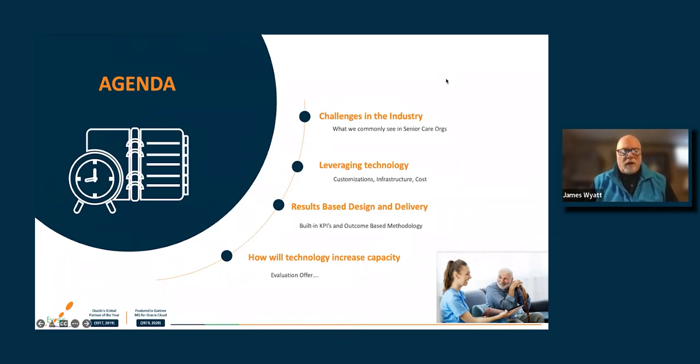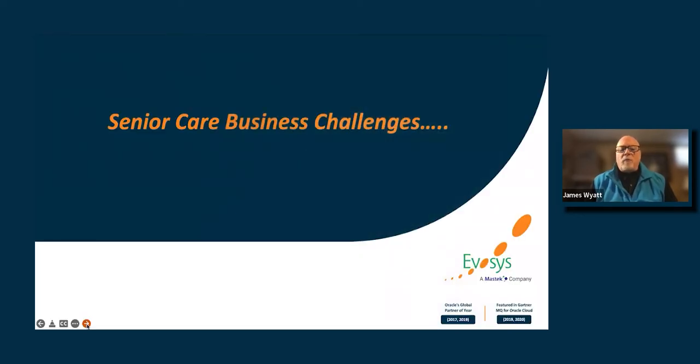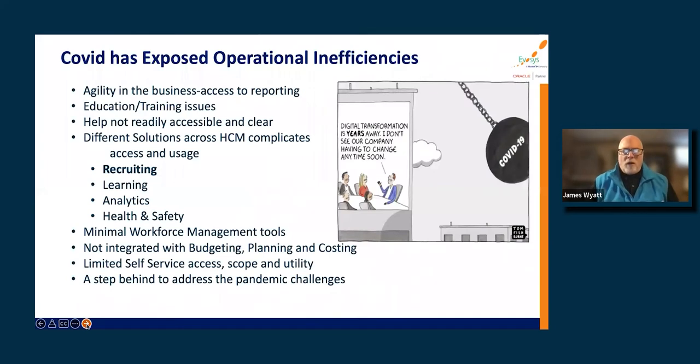So let's take a few minutes and talk about the challenges in the industry and what we commonly see. When we talk to folks out there in the industry, Kevin, Mike, and I, what we hear, particularly in the last couple of years, is COVID and the movement of work from home.